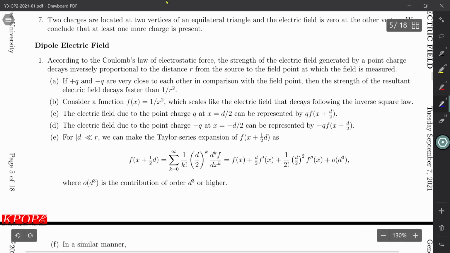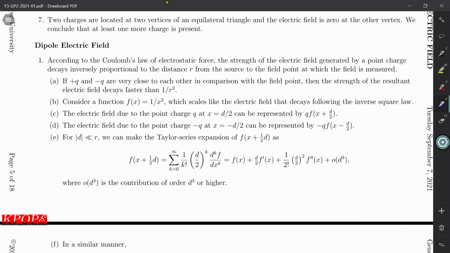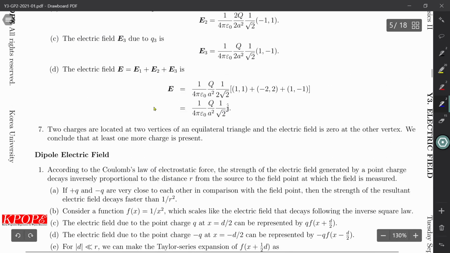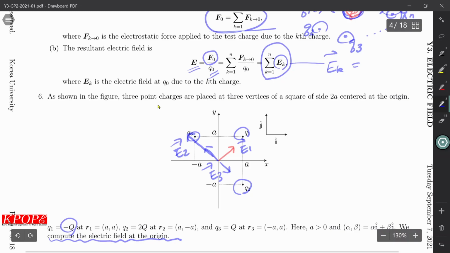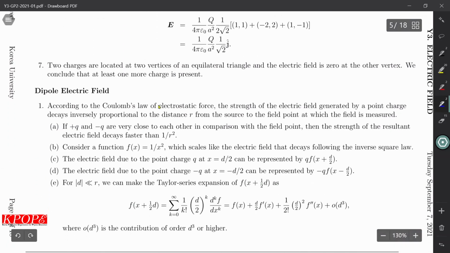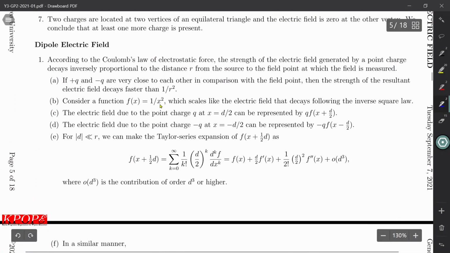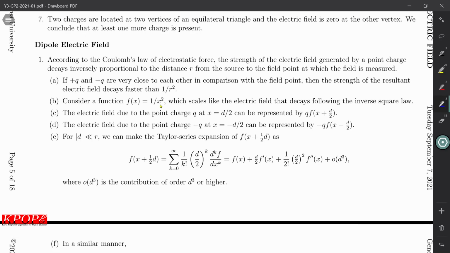Okay, let's consider the dipole electric field. Until now, we have considered the electric field due to a monopole, and a dipole is plus Q and minus Q separated by distance d.